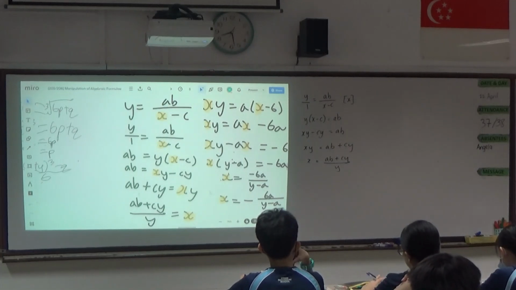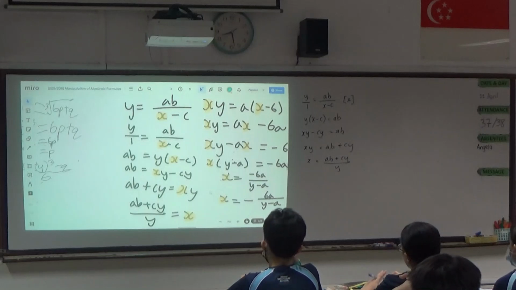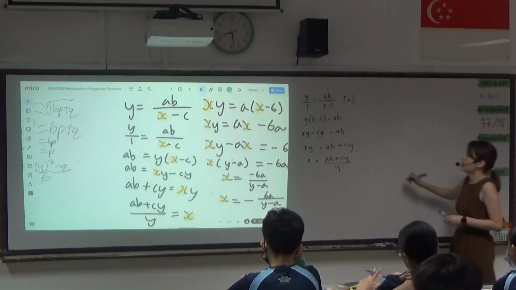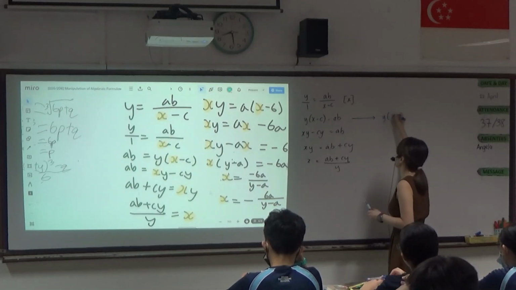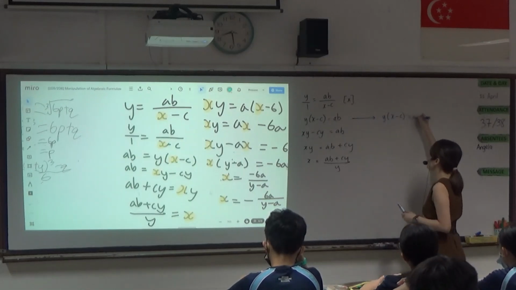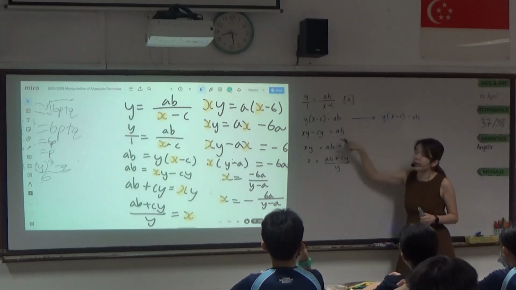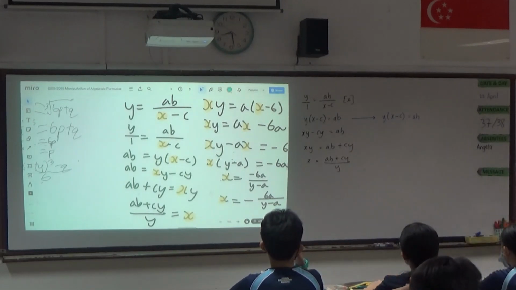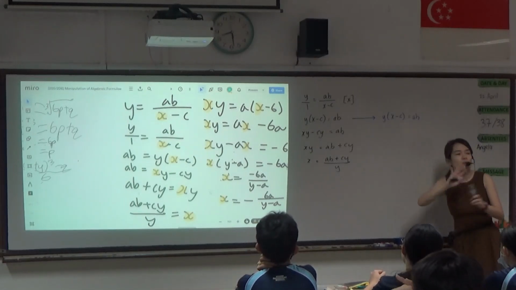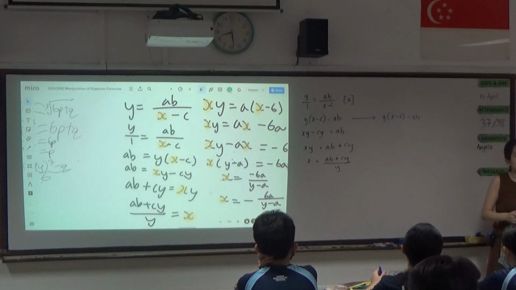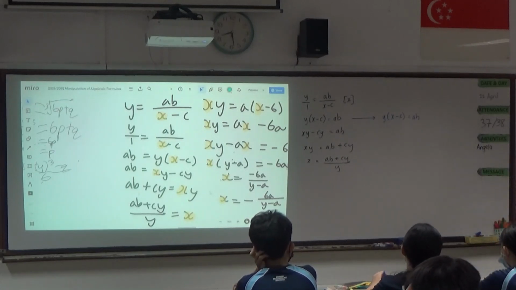However, I want us to challenge ourselves to think of an alternative method of solving this question. At this juncture, where I have y times x minus c equals ab, in my original method I chose to expand it, which is what most people have done. What if I don't want to expand? Then what do we have? Yes, Asha, divide by y, right?